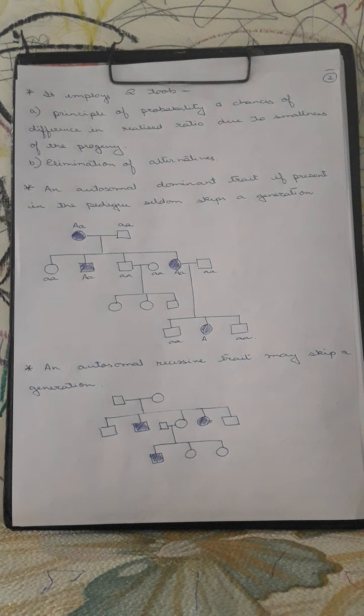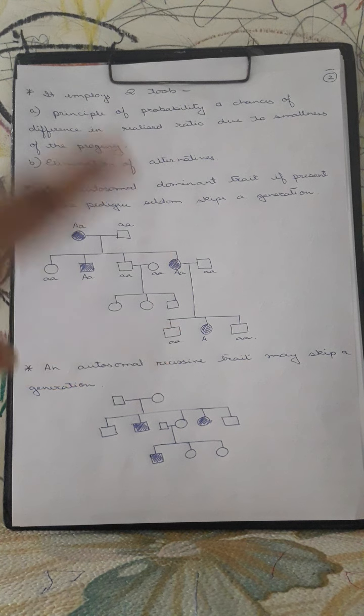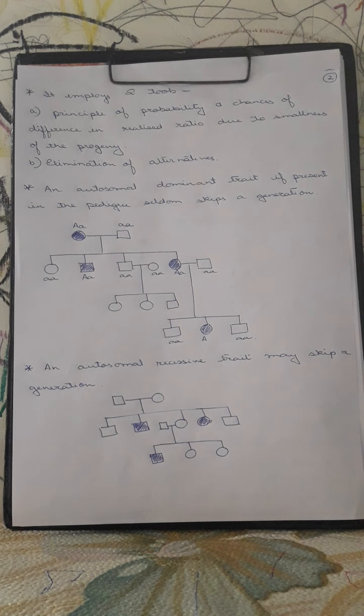That means the next generation is also showing the disease. Again in the third generation, the disease is occurring in the female. That means in almost all the generations we find diseased individuals. Skipping is not done, so this is an example of an autosomal dominant trait. If it is dominant, the generations are not skipped.